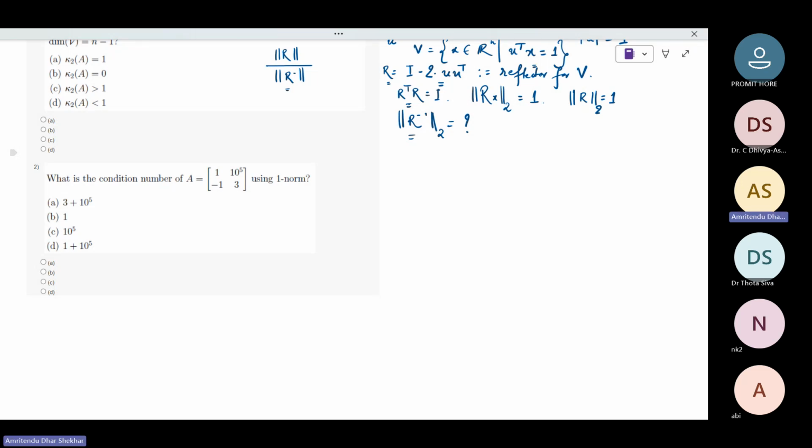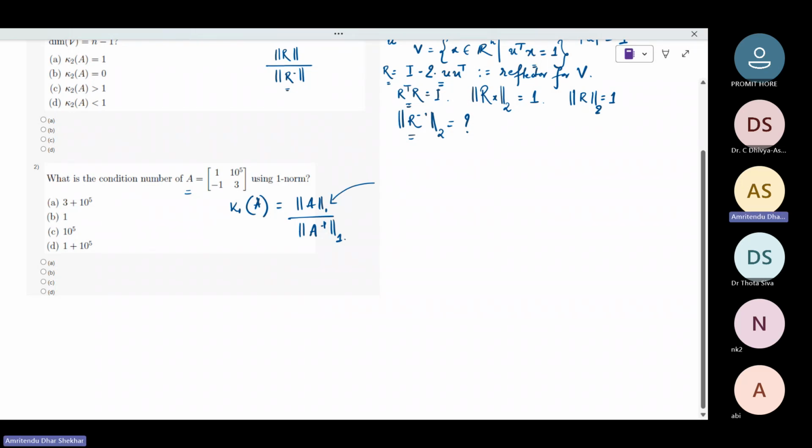Again, you have to use this formula: the condition number in this case, K1 of A, is equal to the one norm of A times the one norm of A inverse. So you need to compute the inverse. But in general, the question is how to compute these operator norms.